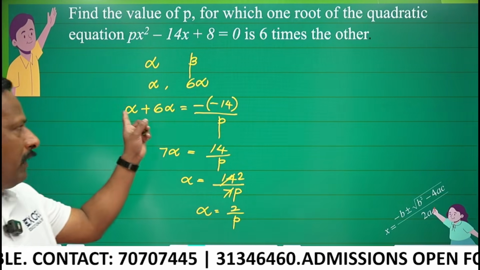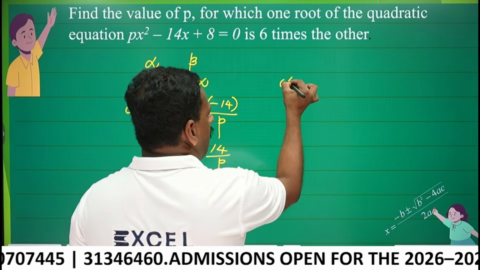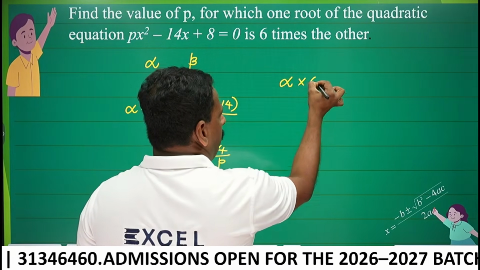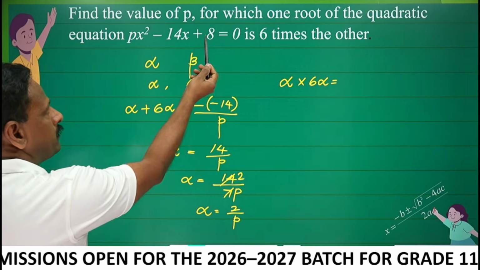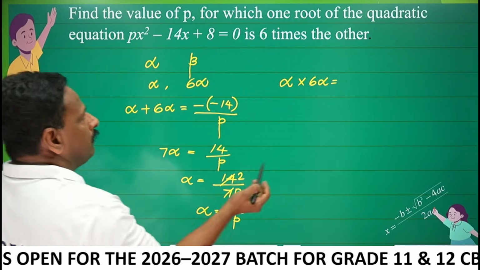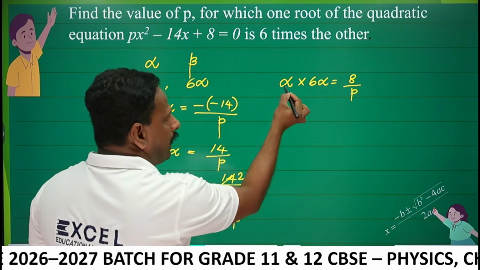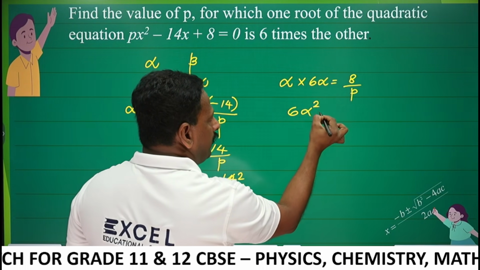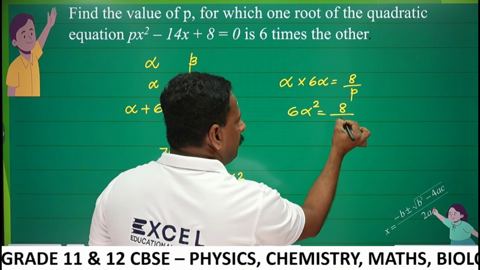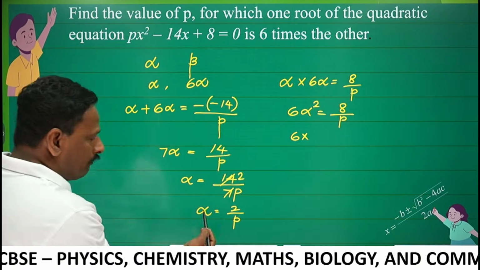So we found alpha plus beta. Now what do we have to find? Alpha into beta. And alpha into beta will be equal to c by a. C by a, that is 8 by p. Alpha into 6 alpha is 6 alpha square equals 8 by p, that is 6 into, we got the value of alpha.